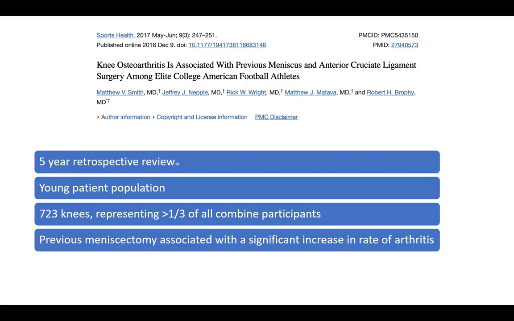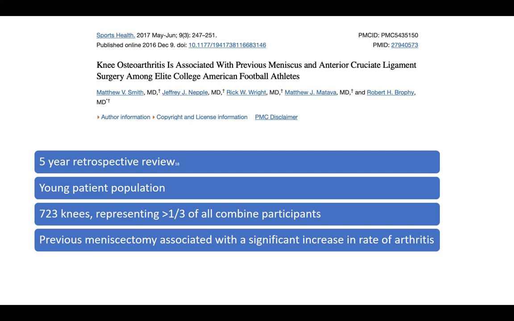So this was an interesting paper published by Smith. They retrospectively reviewed a series of greater than 500 elite athletes that participated in the NFL Combine over a 5-year period. I believe their final year of inclusion was 2010 or 2011.